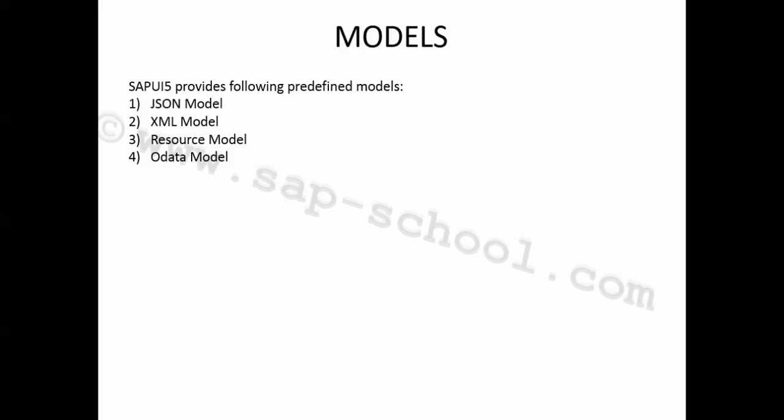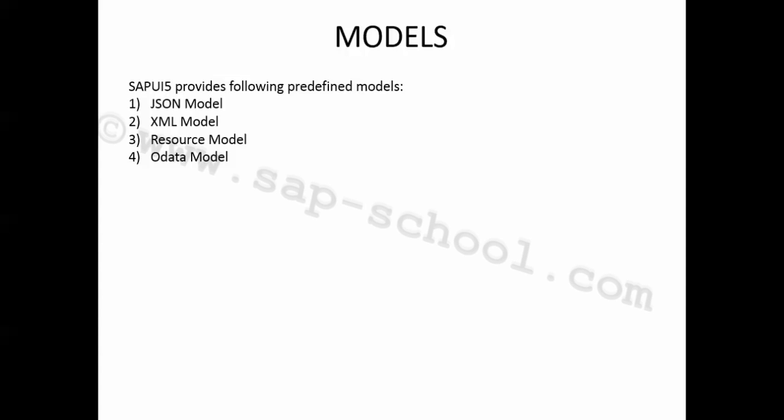The JSON model is a client-side model, and therefore it is intended for the small datasets which are completely available on the client. The JSON model supports the two-way binding. Then we have the XML model. So XML model is a client-side model intended for the small datasets which are completely available on the client.